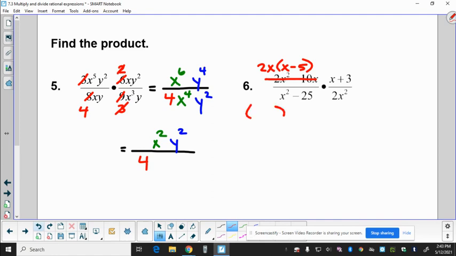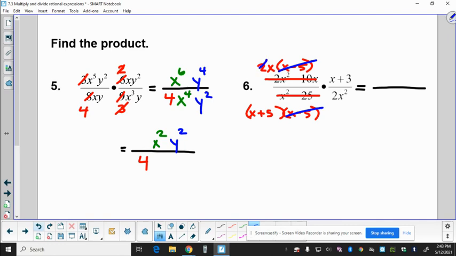Down below, looks like we have a difference of 2 perfect squares. Okay, so let's see if we can determine what's left over. All right, so I see an x minus 5.